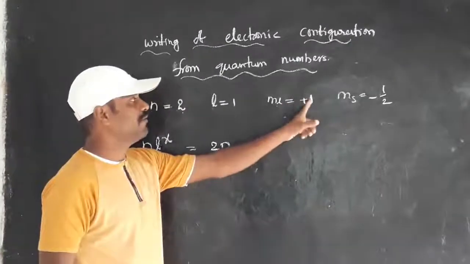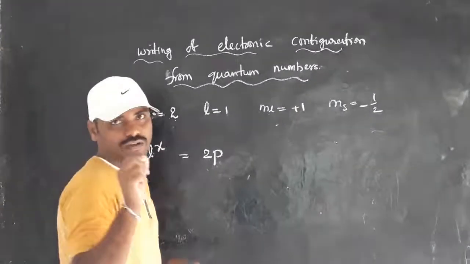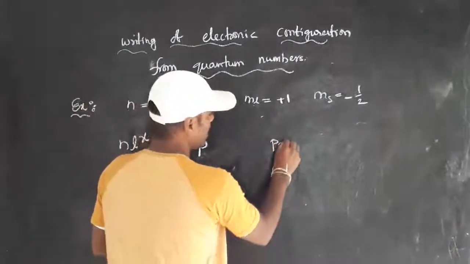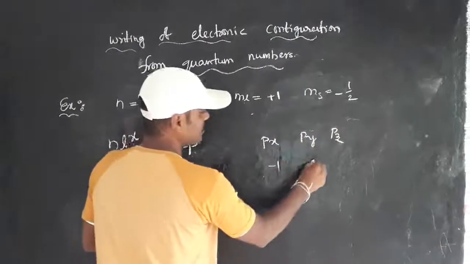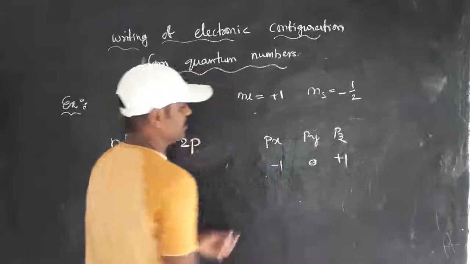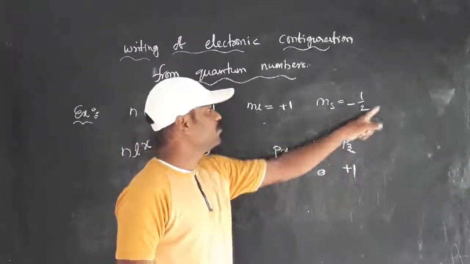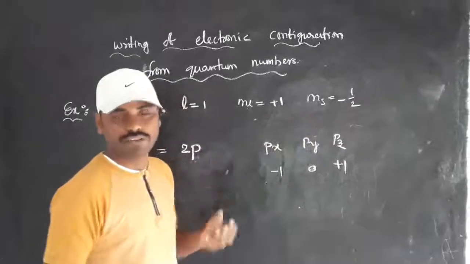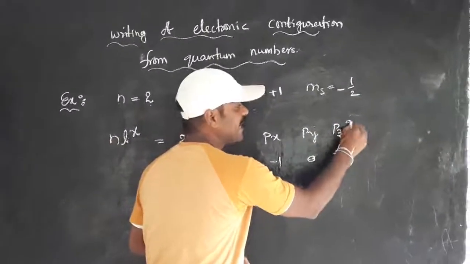Here we have ml value as plus 1, the magnetic quantum number. Then we have three p orbitals like this: this is minus 1, this is 0 and this is plus 1. So the ml value indicates the pz orbital. Then we look into the spin quantum number. It is minus half, which indicates this is the second electron.